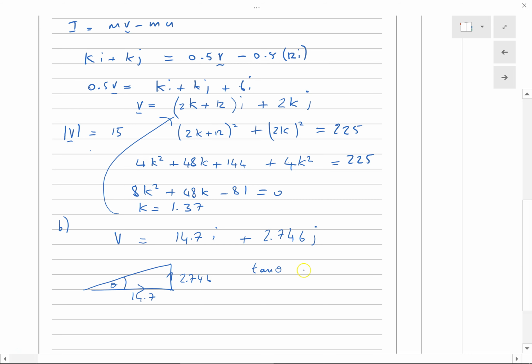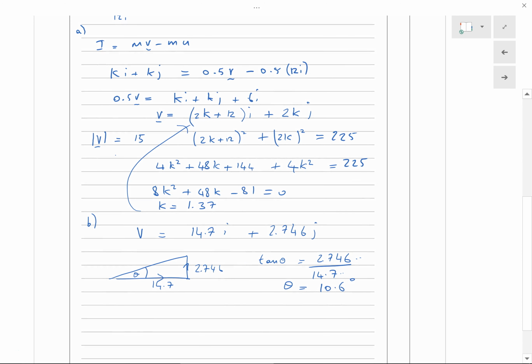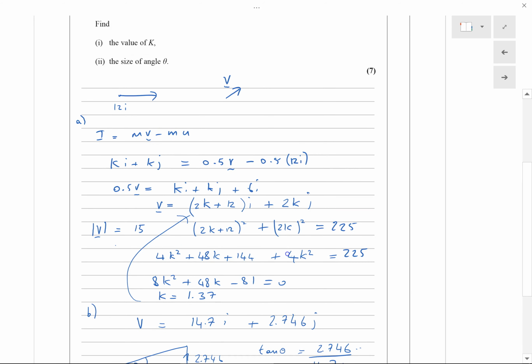So tan theta is equal to 2.746 over 14.7 and so on, so that's inverse tan of that. That gives me 10.6 degrees to 3 significant figures. Slightly different if you look at the mark scheme to what they've done in there, but it was quite a neat way of doing it. So that's question 5 done.